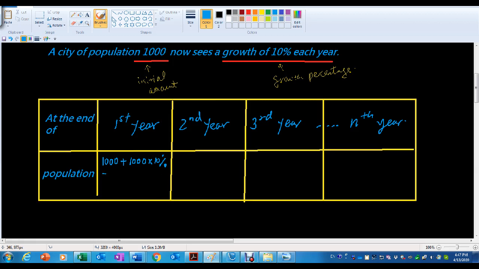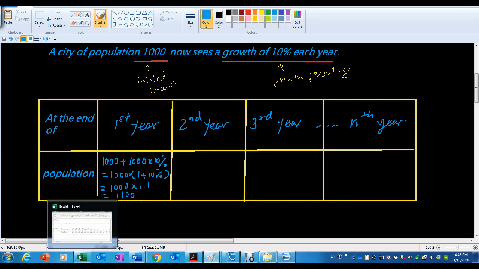You can use a calculator, but you can also observe that if we take out the common factor 1,000, it becomes 1 plus 10%. I do this to show you the growth factor. So that means 1,000 times 1.1, which gives 1,100. That would be the population at the end of the first year.